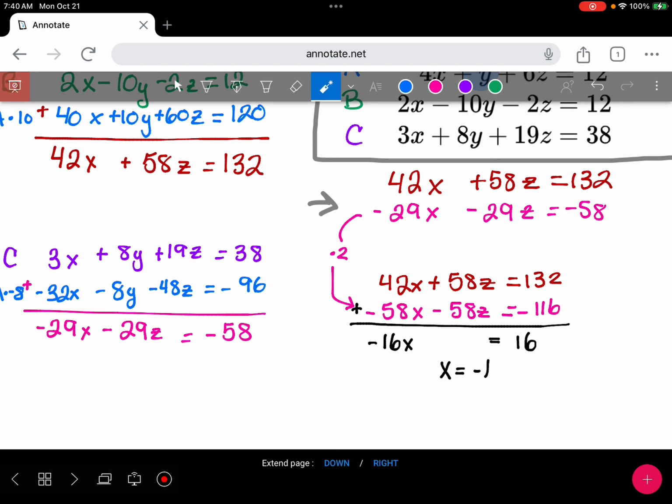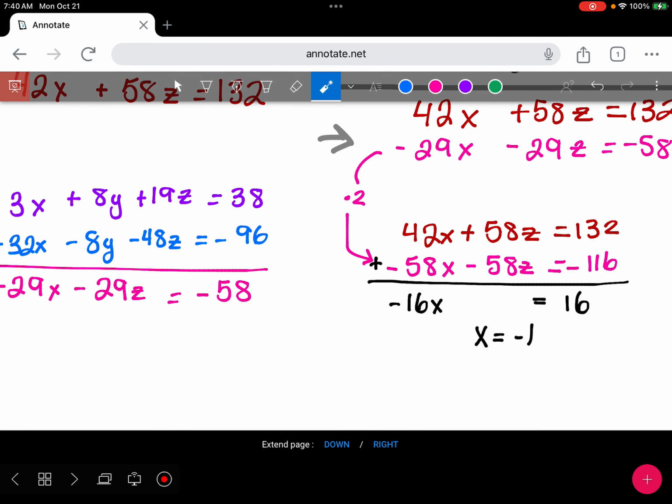I do not recommend going back all the way up to the beginning, or then you get to do the whole solving systems again, because we would need to know two variables. So use the red or the pink. I'll use red just because it's on the top.